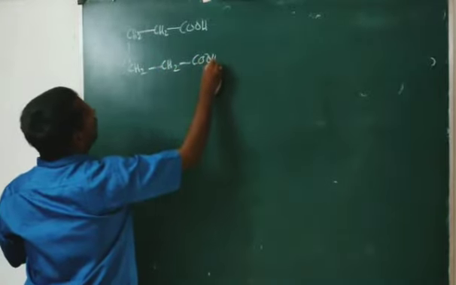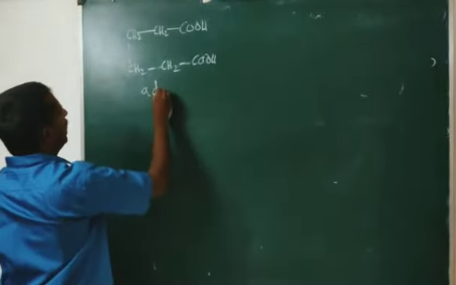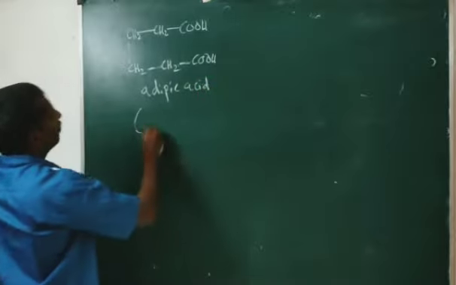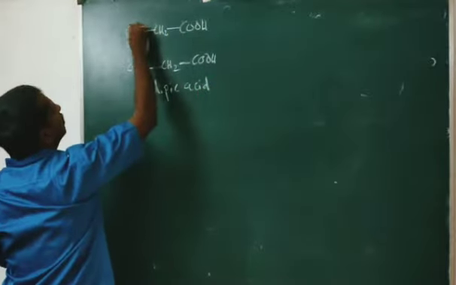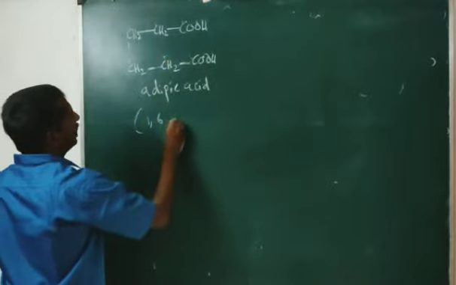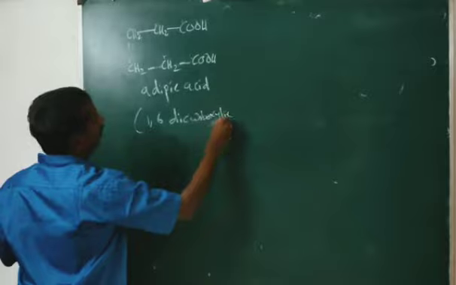How many intervening carbon atoms? 1, 2, 3, 4. Okay, this acid is adipic acid. What type of acid is this one? 1, 2, 3, 4, 5, 6. It is a 1,6 dicarboxylic acid.